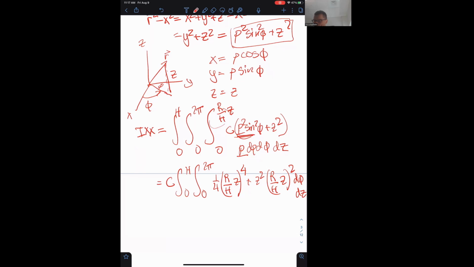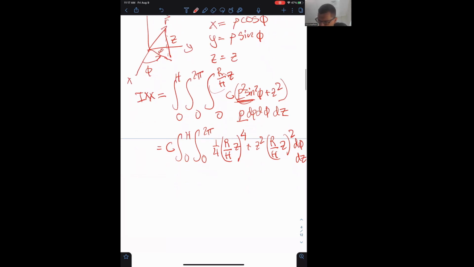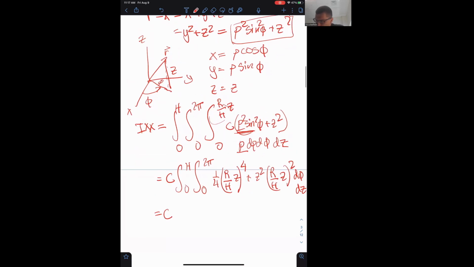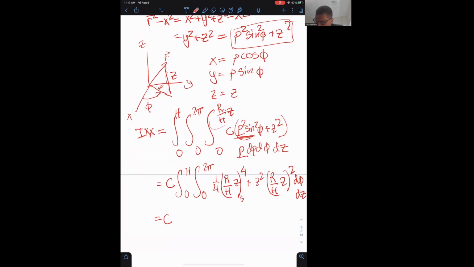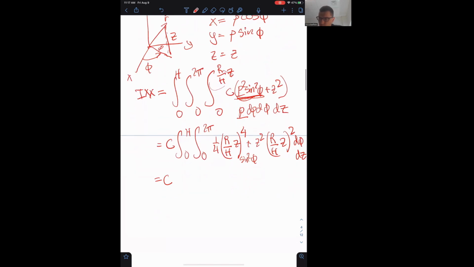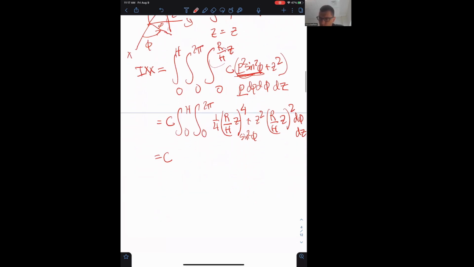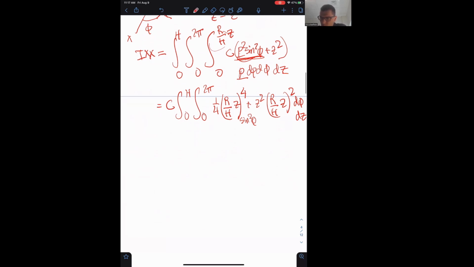Okay, just simplify this. Oops, let's see, I made a mistake. I forgot this sine squared phi. So let me just rewrite this line in a little more organized way.